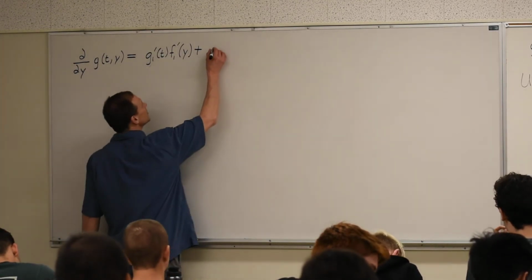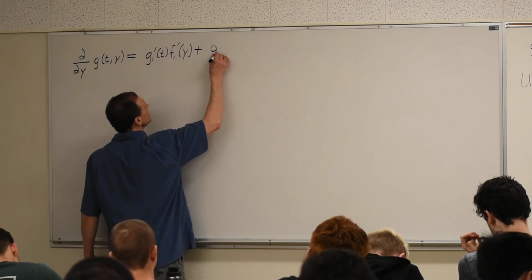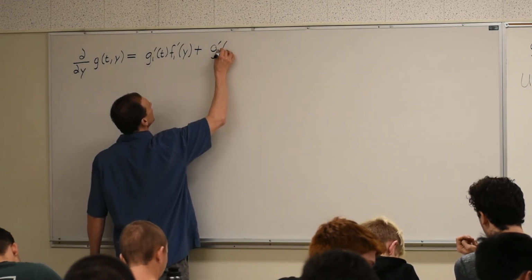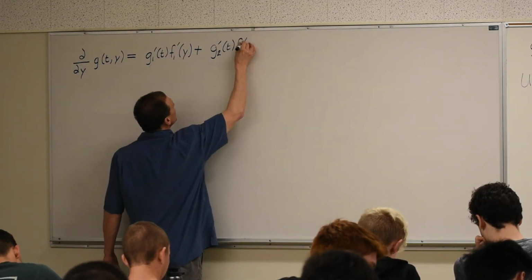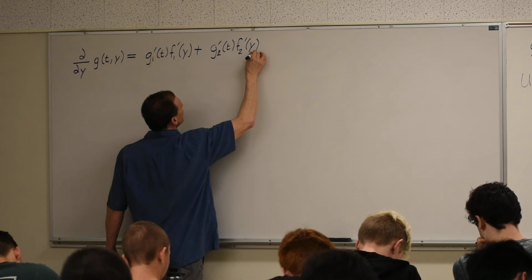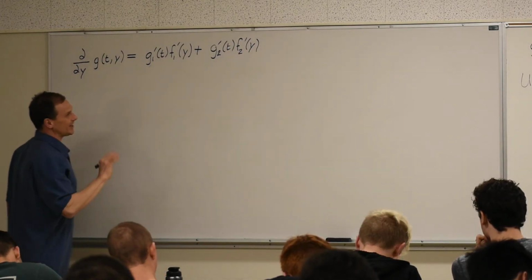And that second term should become g2 prime of t times f2 prime of y. Is that what you guys got? Okay, because I can't see over here.